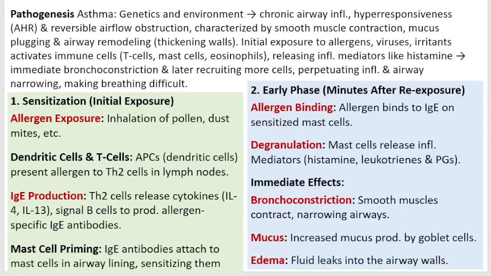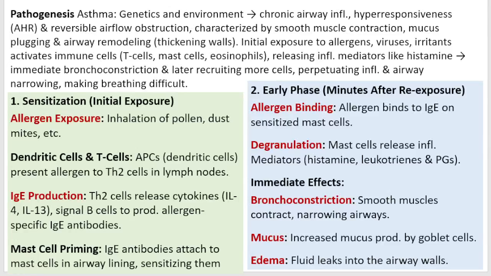Now come to asthma pathogenesis, which involves the complex interplay of genetics and environment, leading to chronic airway inflammation, hyperresponsiveness, and reversible airflow obstruction, characterized by smooth muscle contraction, mucus plugging, and airway remodeling, which is the thickening of the walls.